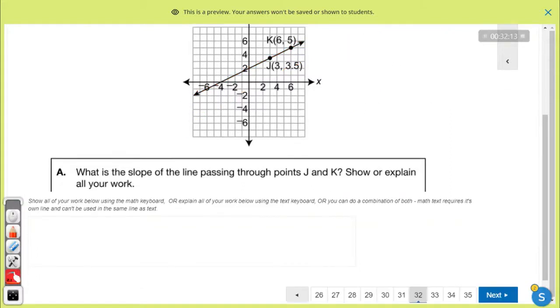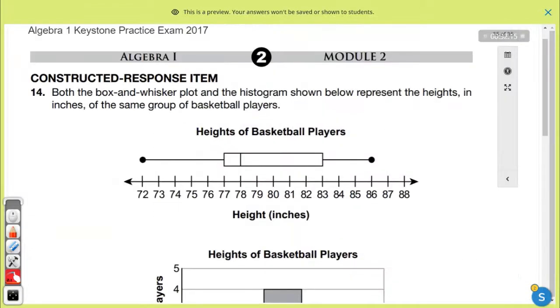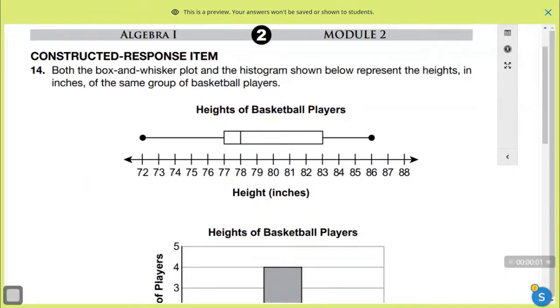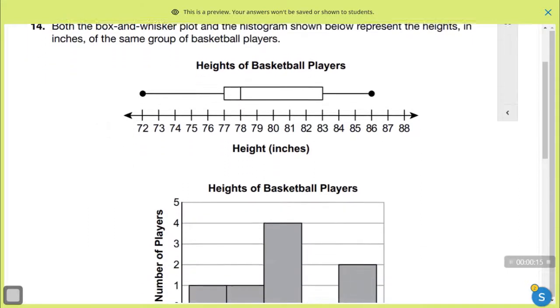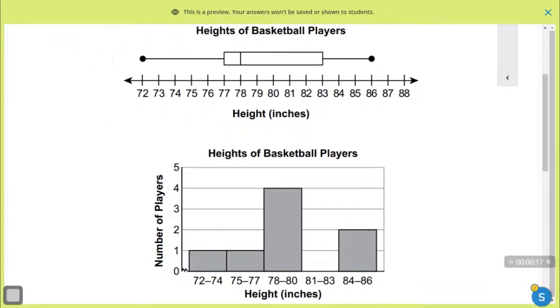Let's take a look at our next question. This is our last open-ended item for Module 2, also known as a constructed response item. Question number 14. Both the box and whisker plot and the histogram shown below represent the heights in inches of the same group of basketball players. So what you see here in our box and whisker plot and the histogram represents the exact same data.